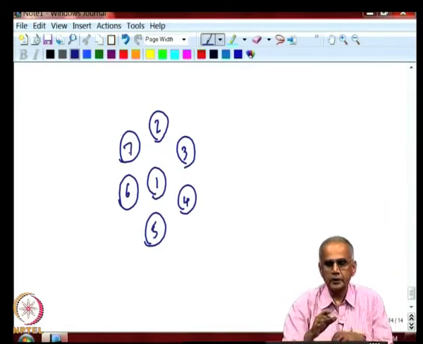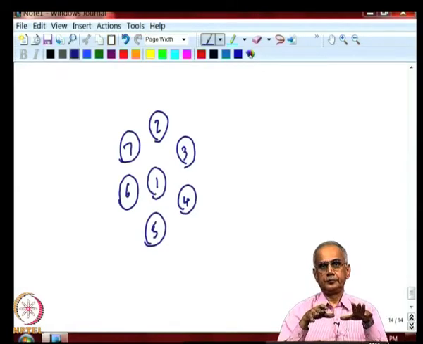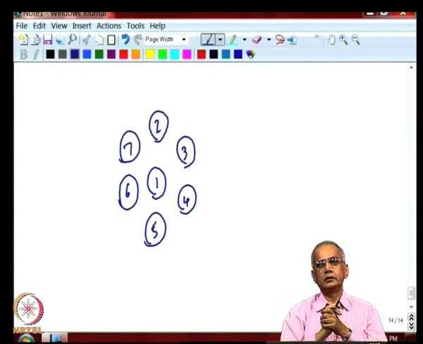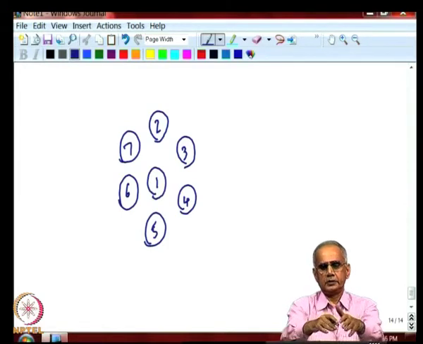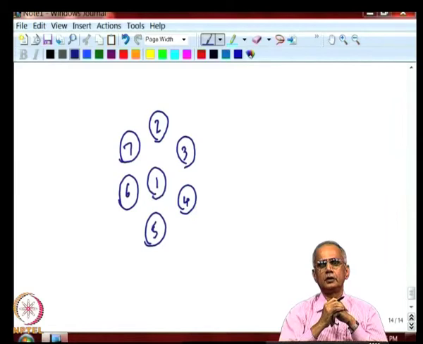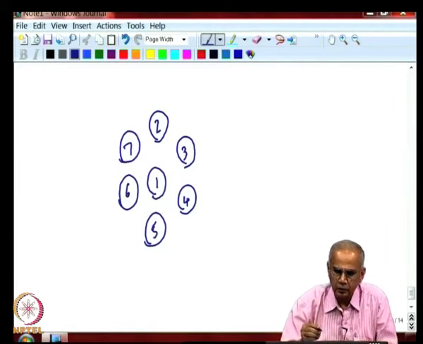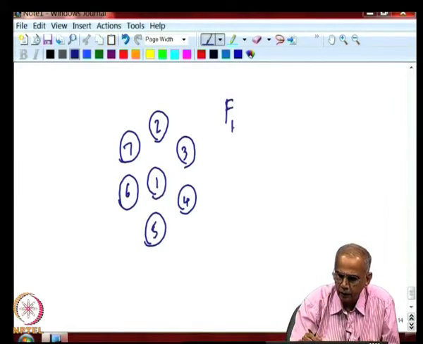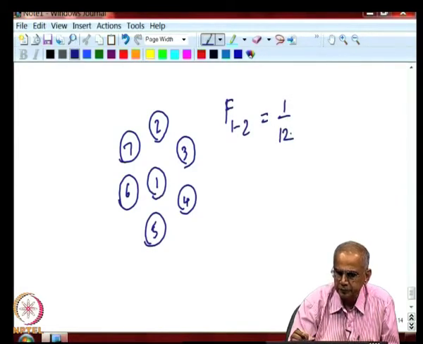So, there are 6 cylinders placed symmetrically around the central cylinder. Now, one may be tempted, and they are placed equally spaced here, one may be tempted to conclude that F 1 2 is equal to 1 by 12, but this is not true.